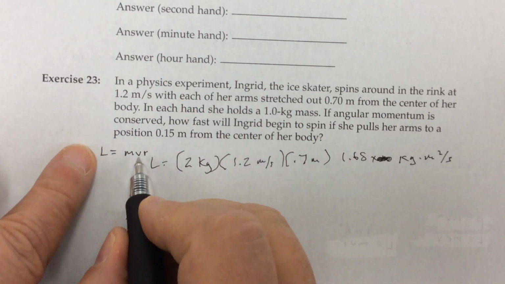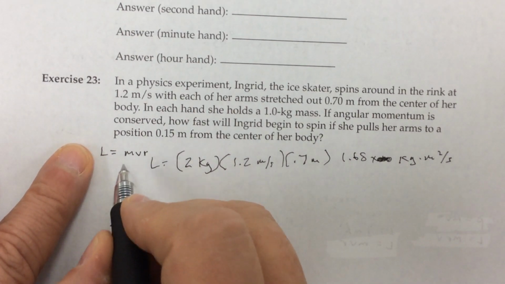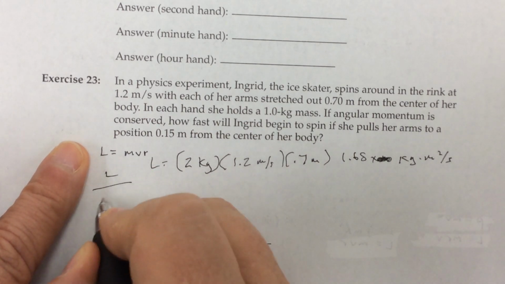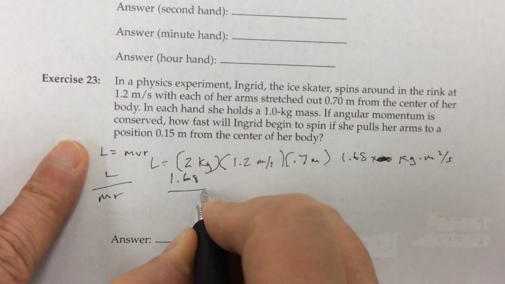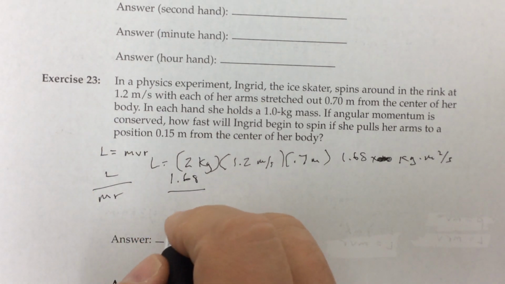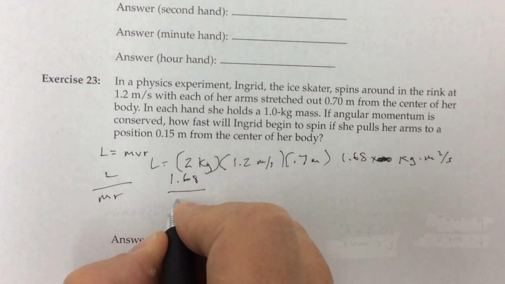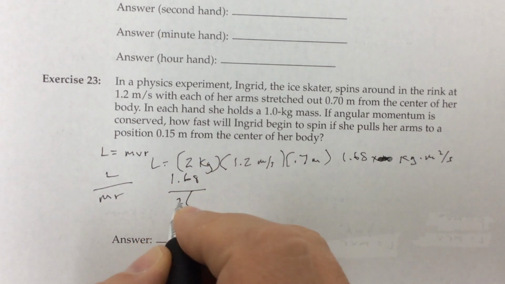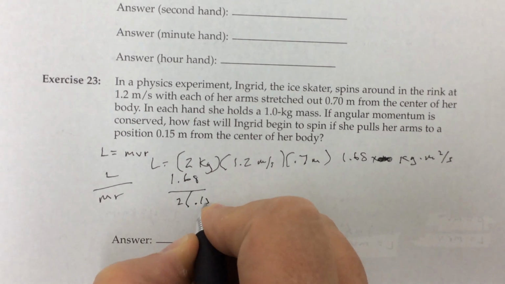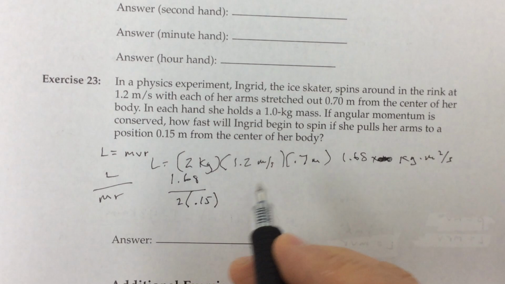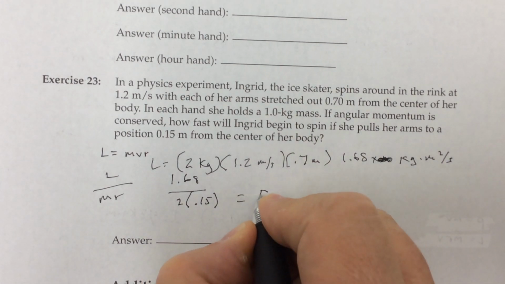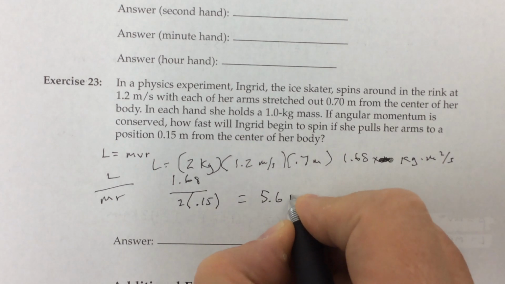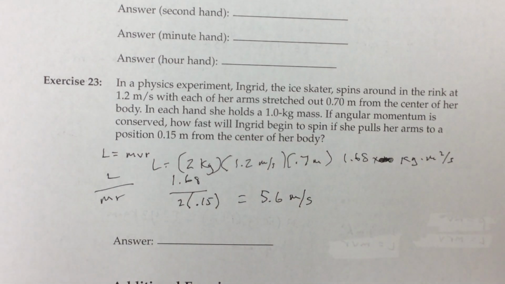So we're going to do the same one where we're just going to solve for V. So we've got L, get V by itself, divided by MR. So we have 1.68 over the mass of the weights, which is 2 kilograms, times how far they are away from the body now, which is 0.15. So we've got 1.68 divided by 2 divided by 0.15. So we have 5.6 meters per second. Okay, now you're all smart.